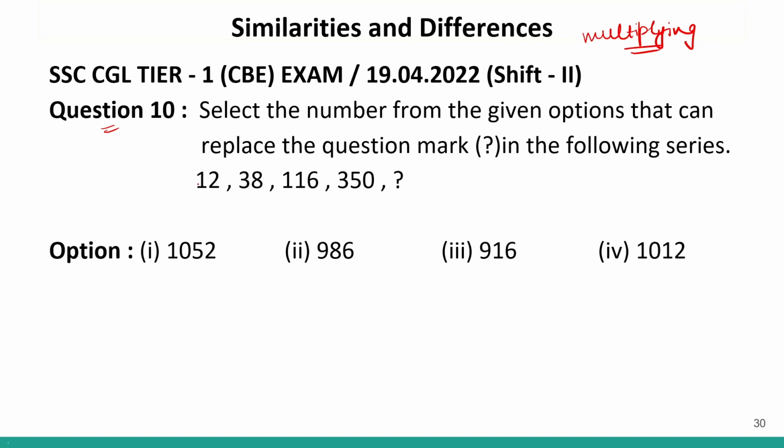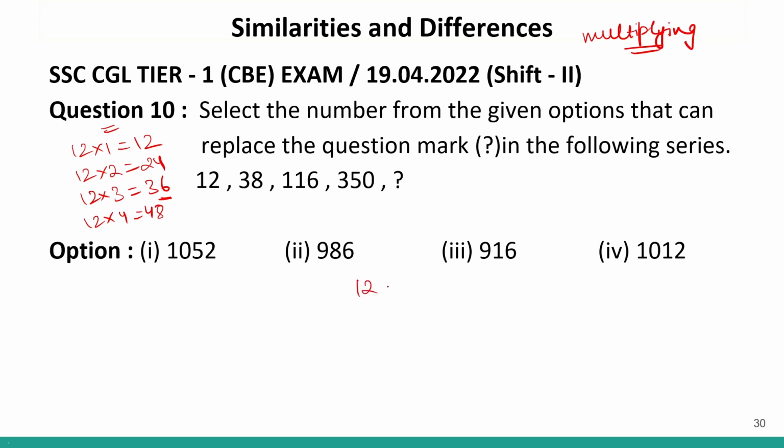Now, if I look at 12 and 38, 38 is not directly in multiplication with 12 because 12 ones will give us 12. 12 two times will give us 24. 12 three times will give us 36. And then 12 four times will give us 48. So this number lies somewhere between this, right?